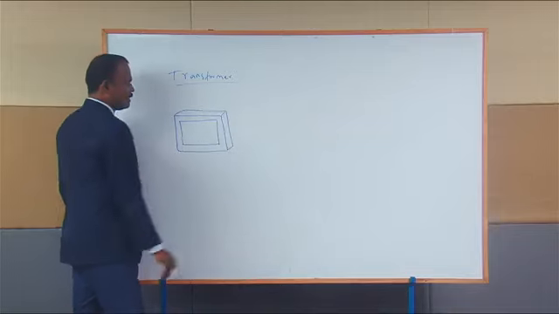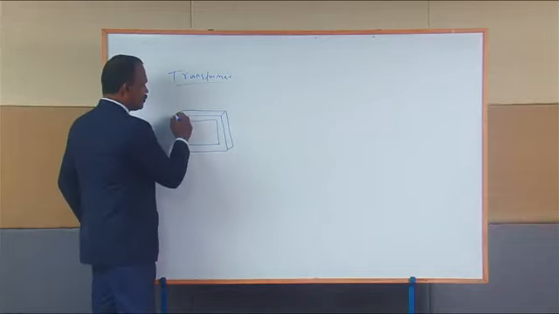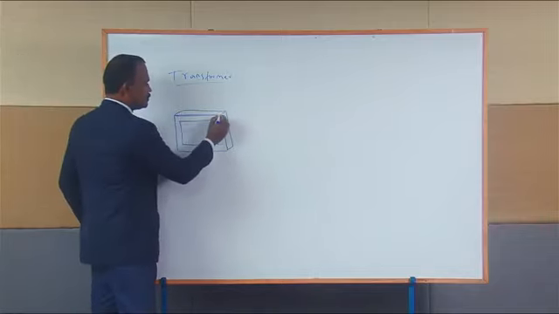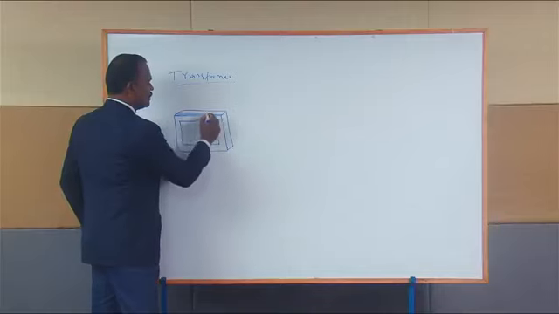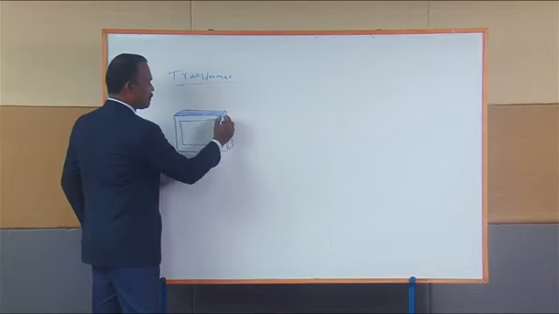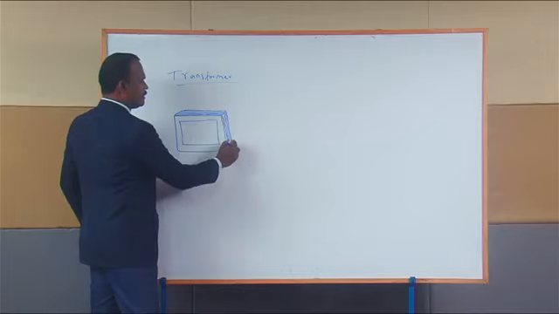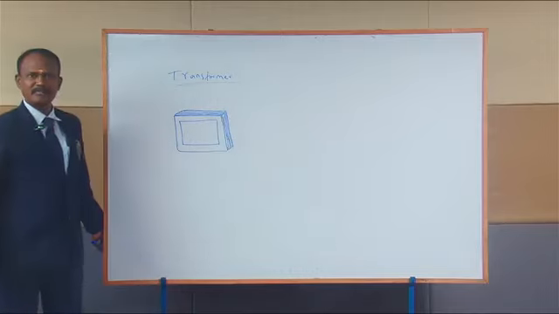It is a laminated core. It means this iron core is sliced into thin laminations, and all these thin laminations are compressed together to form a solid core. What is the need for laminating the core and compressing it together?